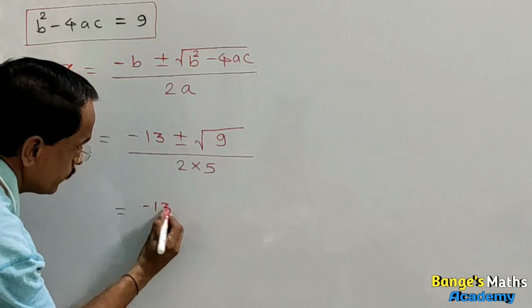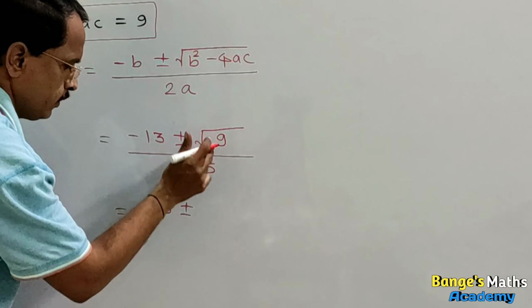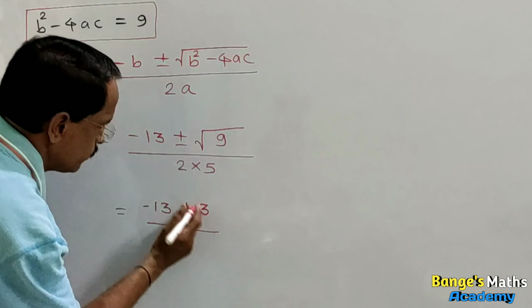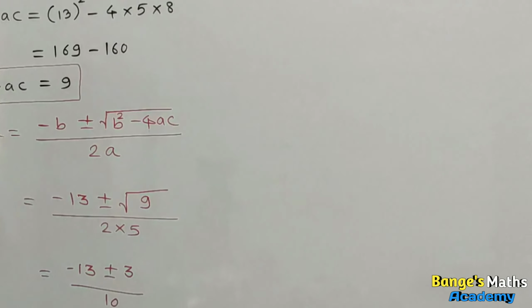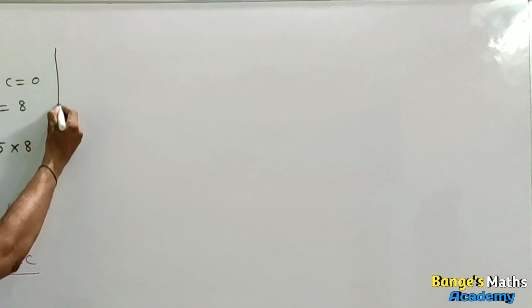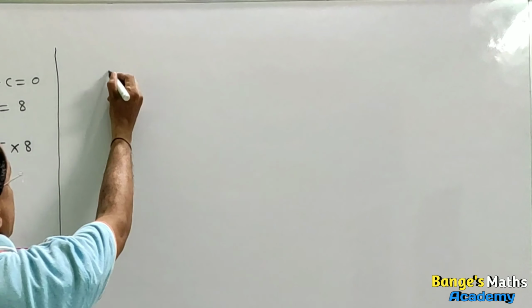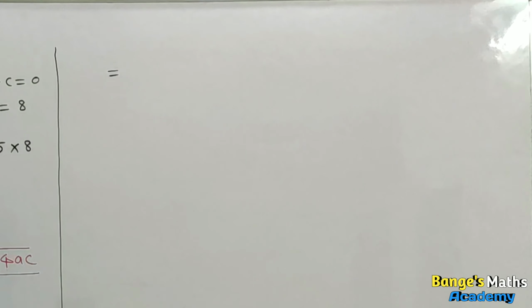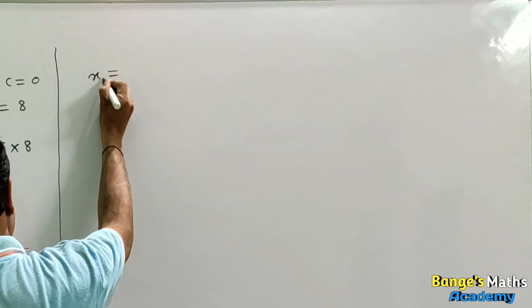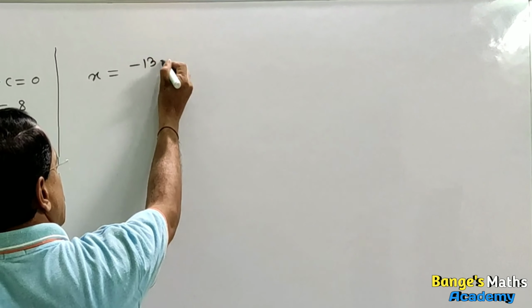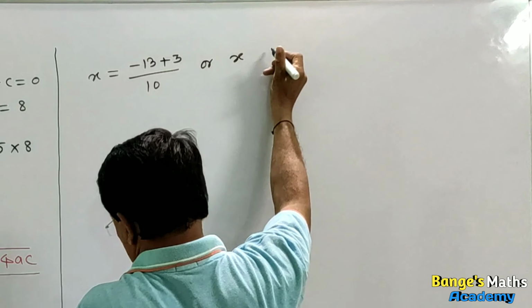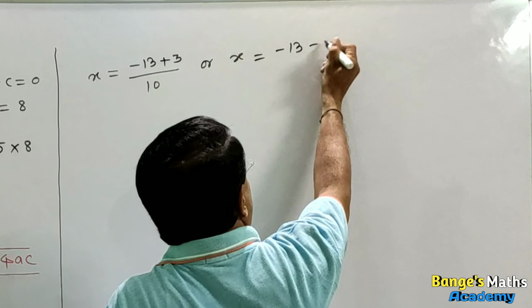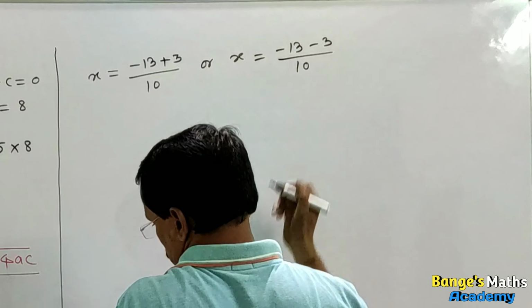Minus 13 plus or minus square root of 9, which is 3, upon 2 into 5, 10. So x is equal to minus 13 plus 3 upon 10, or x is equal to minus 13 minus 3 upon 10.